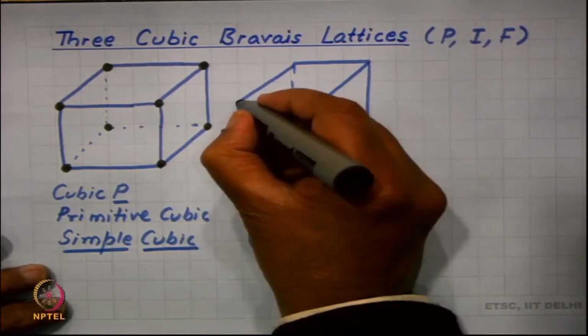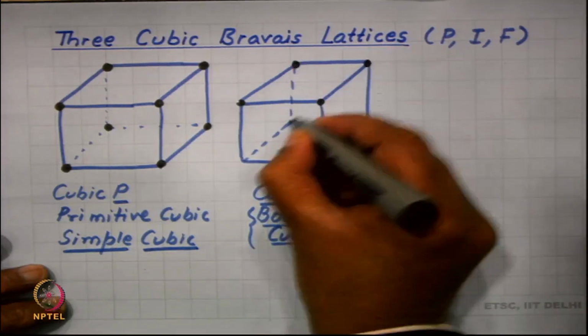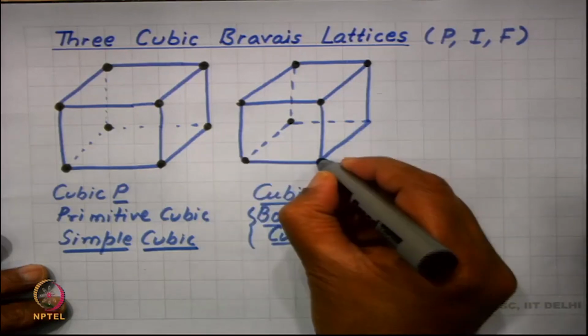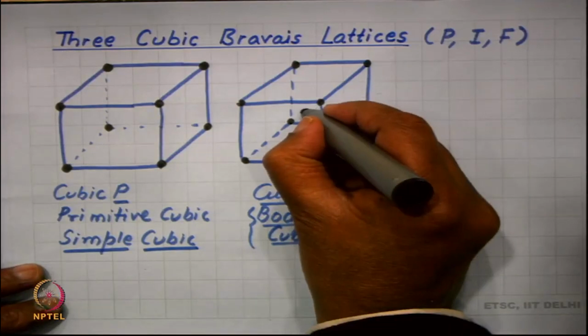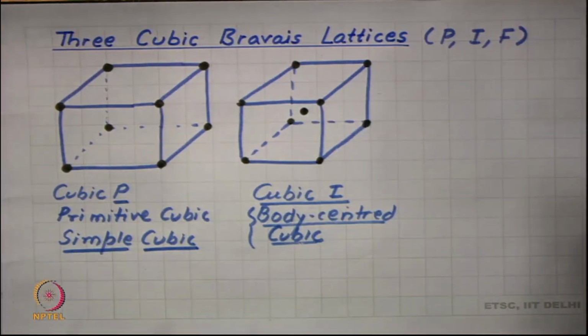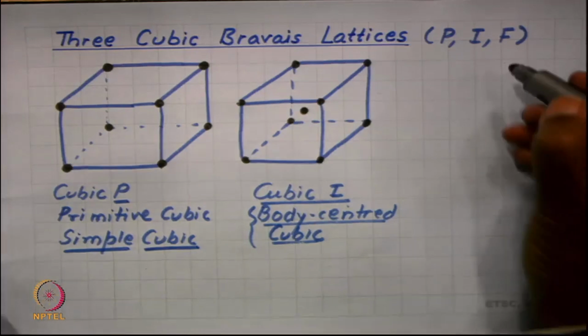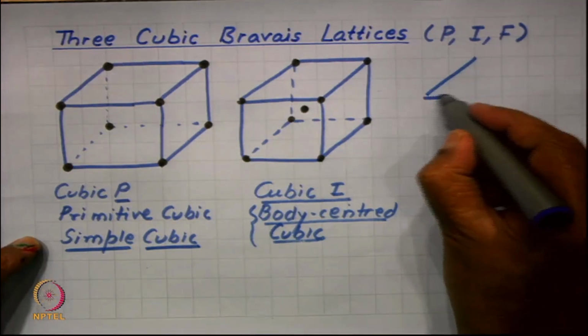Here the lattice points will be at the corners. As I said, corners will always be lattice points, but there will be an additional lattice point right in the center of the cube. So, this will be the body centered cubic lattice. And finally, let us try to draw the face centered one.